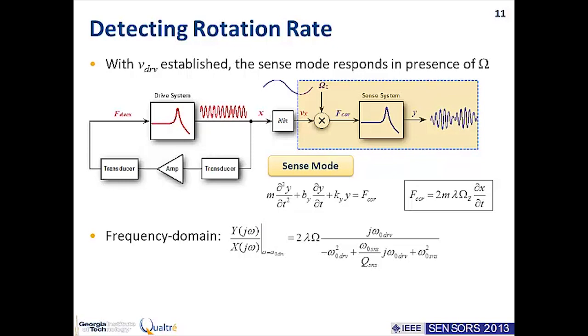When we look at the transfer function, what we notice is that it is a function of both the resonance frequency of the drive and the resonance frequency of the sense. So now the question is, well, where are these frequencies with respect to each other? And that's what actually determines the different types of rotation rate gyroscopes.